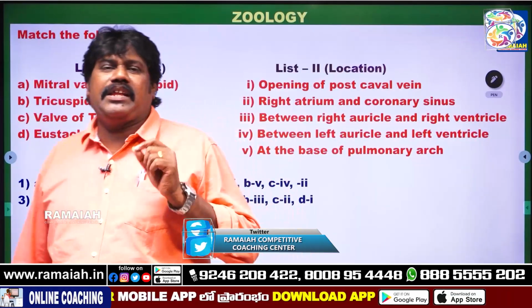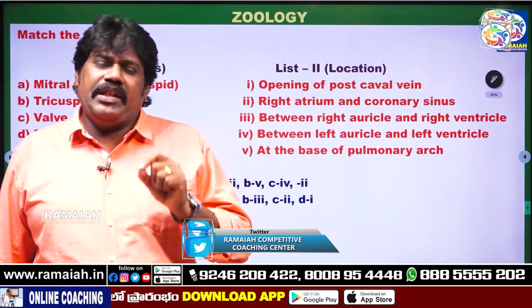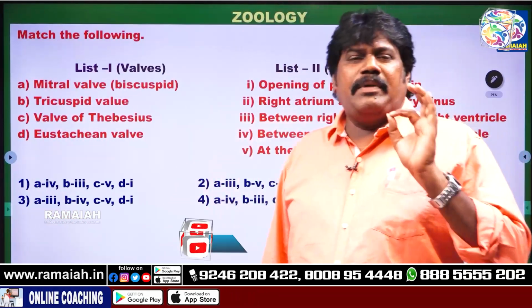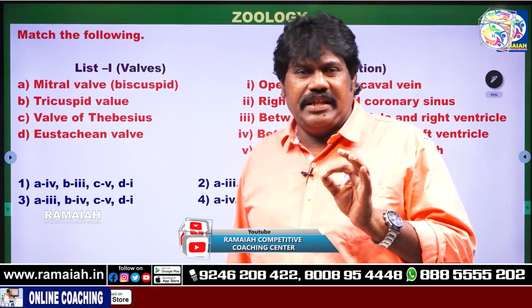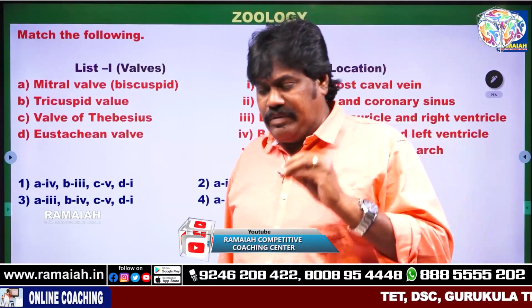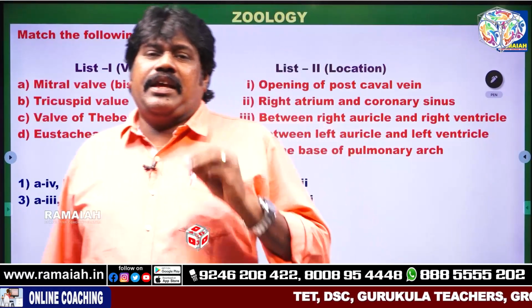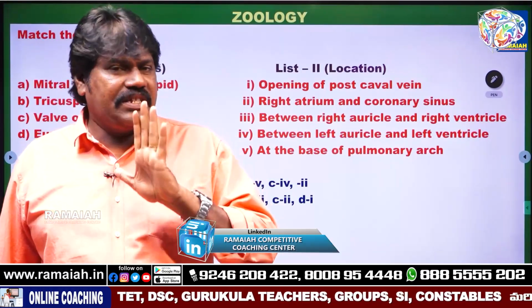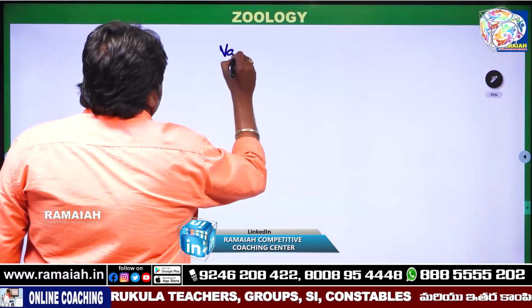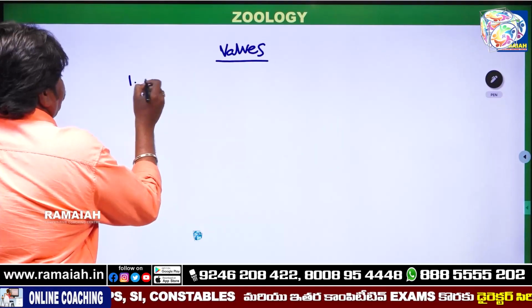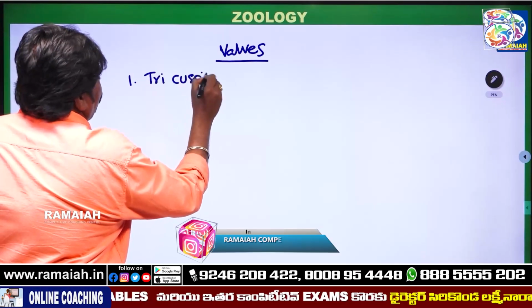Normally, as a biology student, we can remember the valves of the human heart. How many valves are present? Normally, 6 valves. Many valves are present, but in our intermediate textbooks, they explain only 6 valves. What are the 6 valves of the human heart? First one, the tricuspid valve.